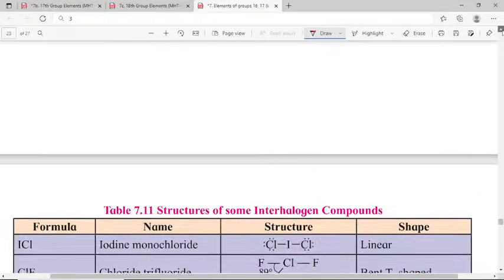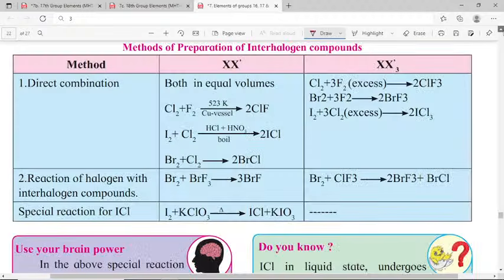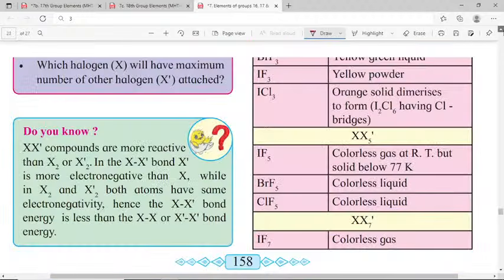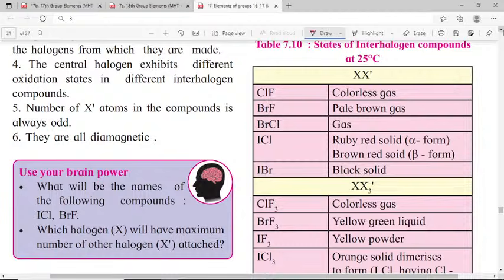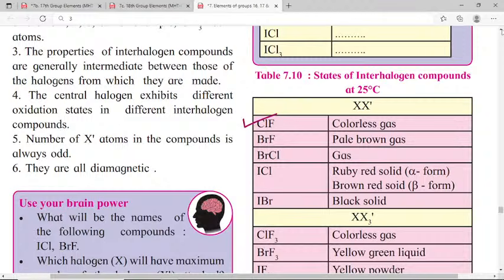Remember, they ask about color questions in 2025, 2026, even 2024. Look, this is a table actually. ClF is a colorless gas.